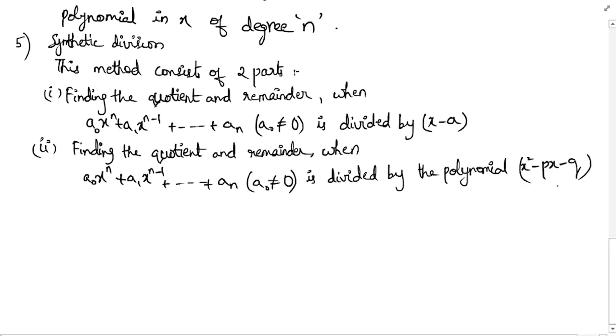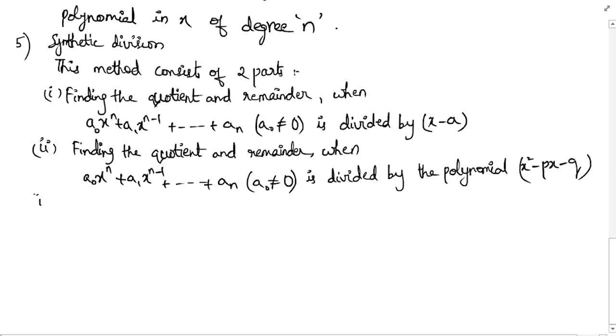So this synthetic division method consists of two parts. One is when the polynomial is divided by x minus a. The other one is when it is divided by x square minus px minus q, that is the second degree polynomial. I'll explain with an example. First we'll go with the first part.